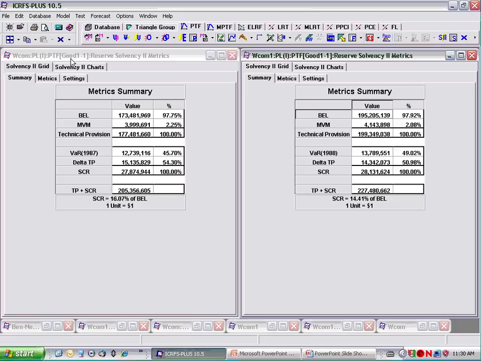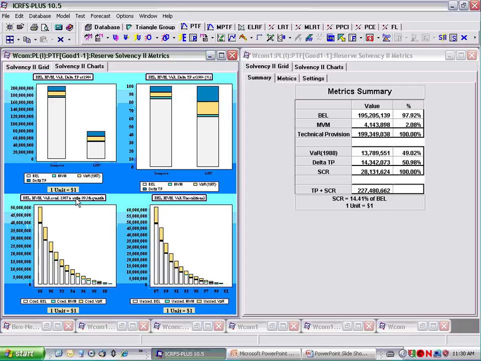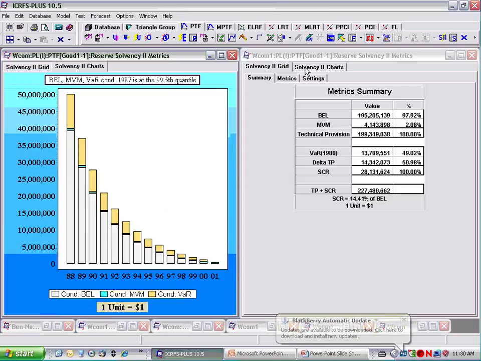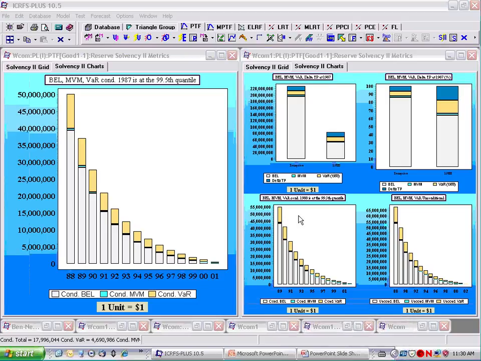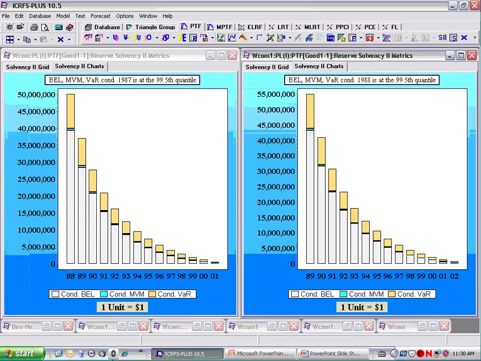If you look at the solvency charts, compare that to that. You'll notice that when you're looking at the conditional BELs, MVMs, and VAR given the first year in distress, at the end of 87 vis-a-vis 88, basically there's in these graphs about a 10% increase.